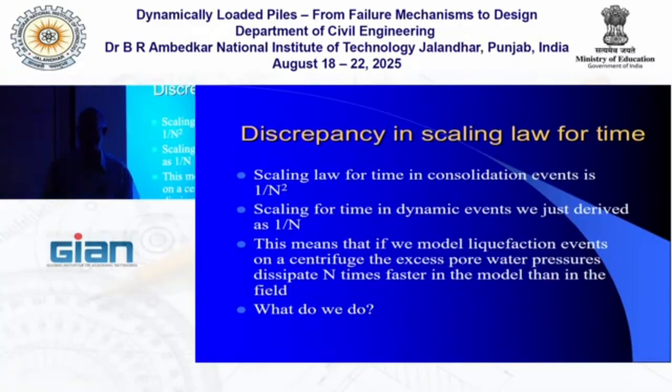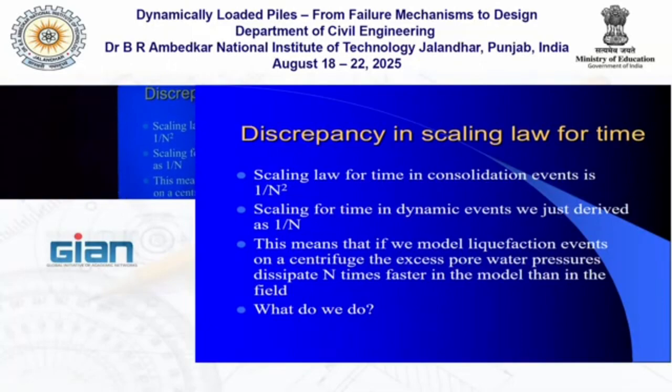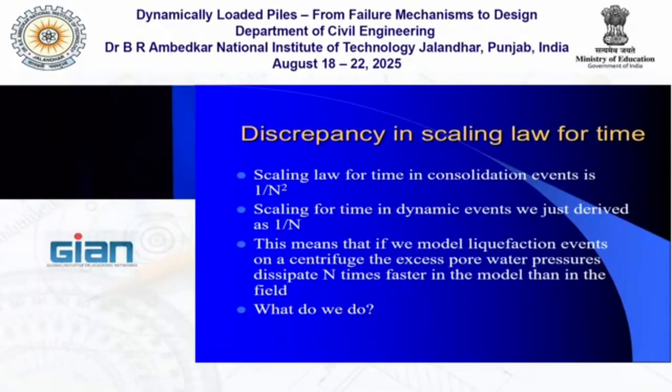And this is a nightmare because I'll generate the thing too quick and the dissipation will happen too slow. So we need to somehow fix this. What do we do? We have two options.